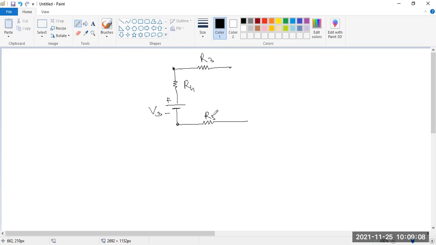This is R8. This is R6. This is resistance R2. That is R9. And this is R2. That is V2, plus and minus.